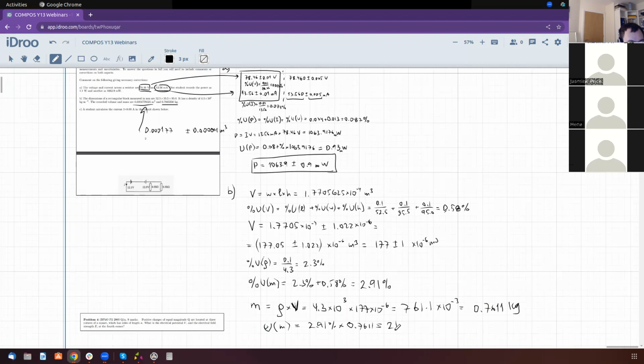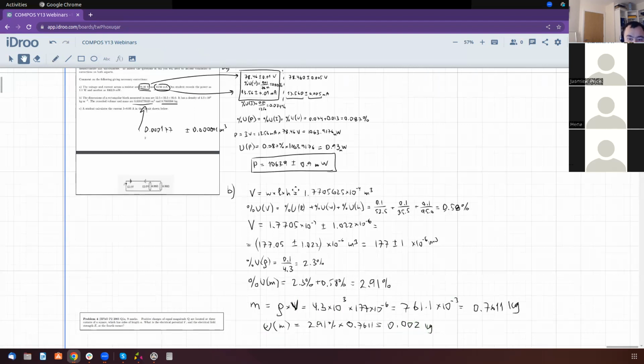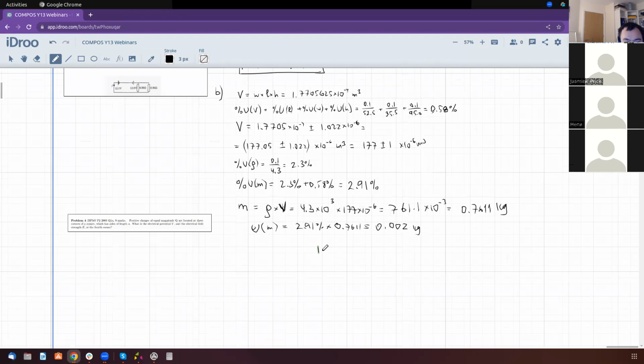Oh yes, divided by 1,000. And so the uncertainty is 0.002 kilograms. So the mass must be 0.761 plus or minus 0.002 kilograms. Okay, this is the correct value.